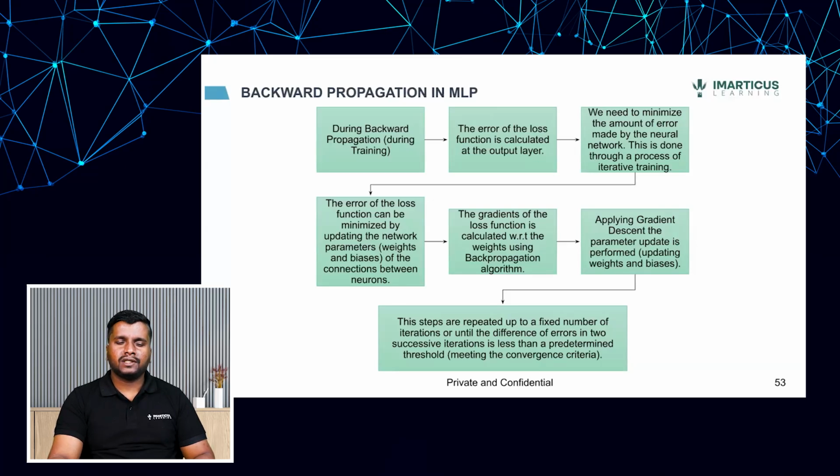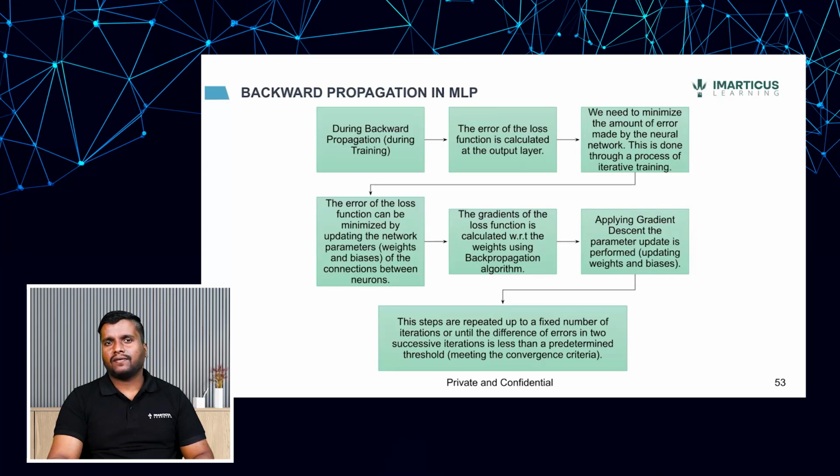In order to change these weights, we update them based on the gradient or the error that is happening. The error of the loss function can be minimized by updating the network parameters, which are the weights of the connections between the neurons, and the gradients of this loss function are calculated with respect to the weights using the back propagation algorithm.